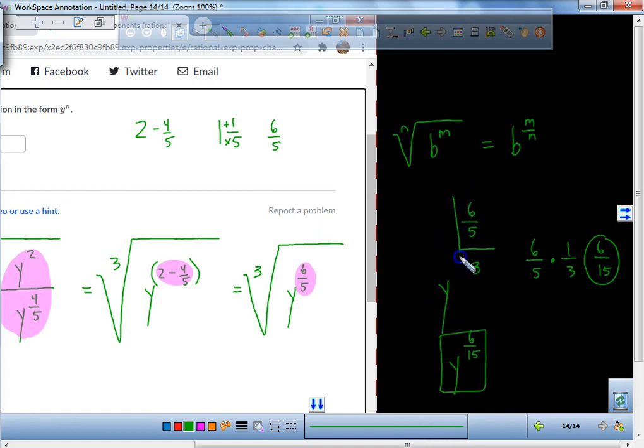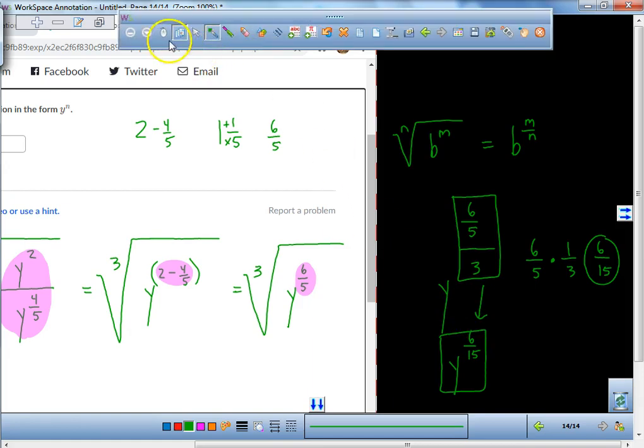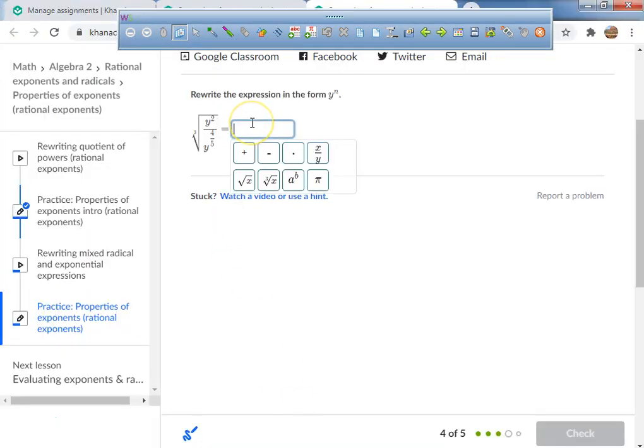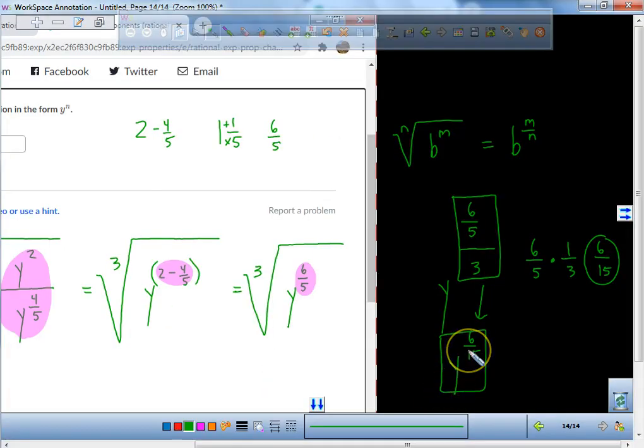So what are you going to have to do probably? You might have to do this and put it in a calculator to be able to get that 6 over 15. So here we go. So this is y to the power of, wait a second, 6 over 15 can be reduced, can it? Oh, that was a close one.